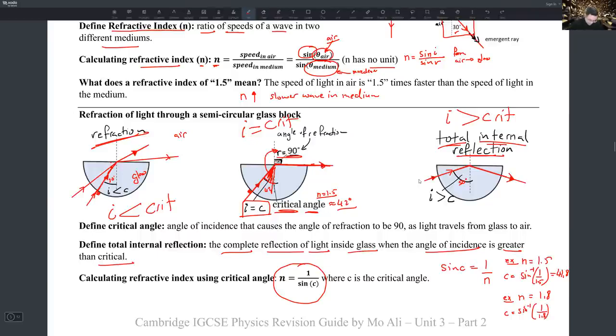Let's go, 1 over 1.8. 33.7, so about 34. See? The critical angle isn't always the same. It depends on the material, because different materials have different indexes. The value of n is different for every material.